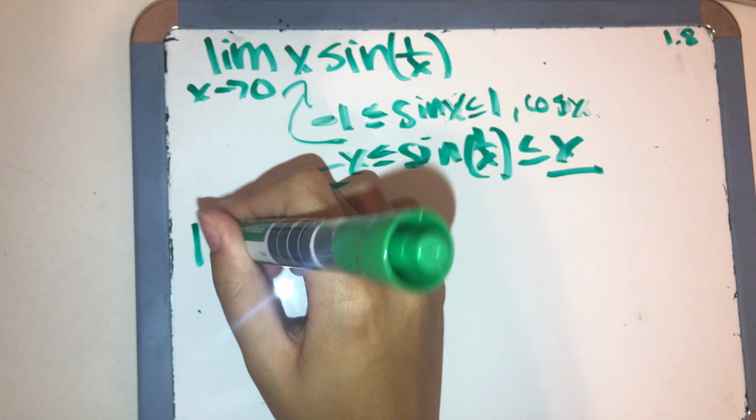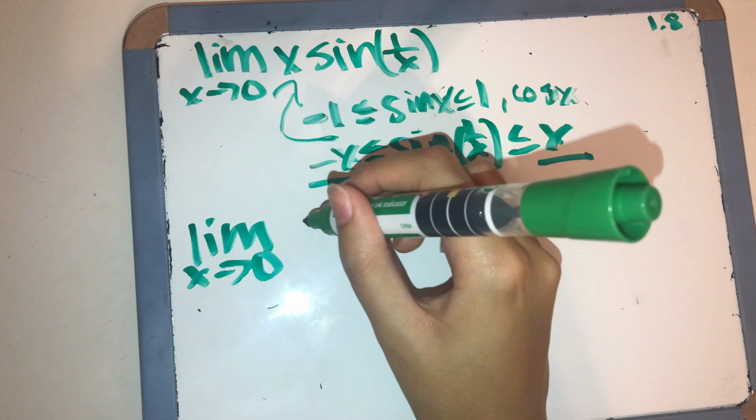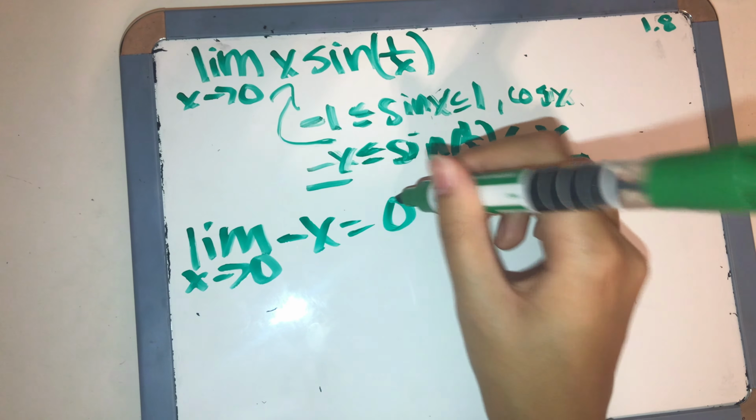Alright, so you will do the limit as x approaches 0 of -x, which equals 0. In this problem it is equal to 0 because you replace x with 0, so it just equals 0. This is where the substitution happens. If this was 2, then this would be -2 and the limit would go to -2.